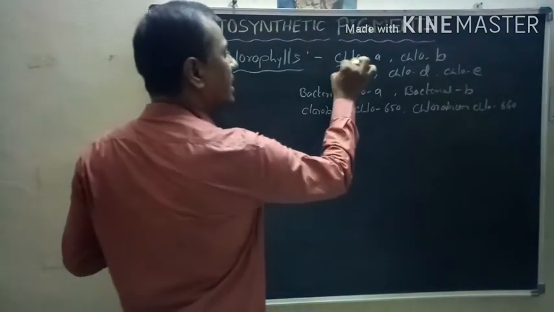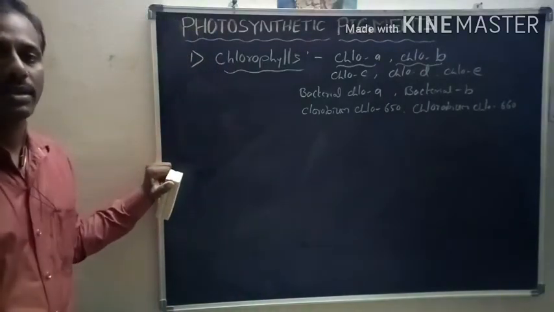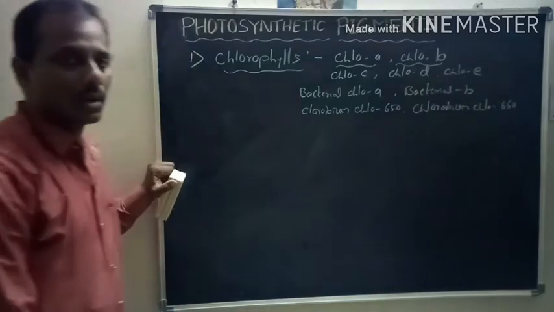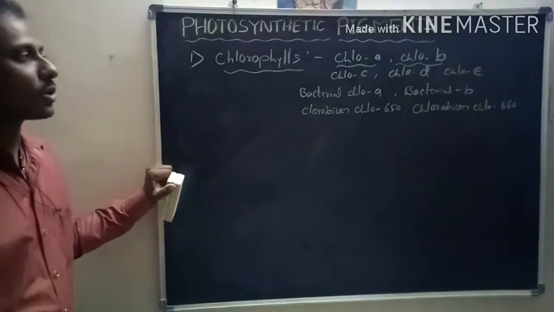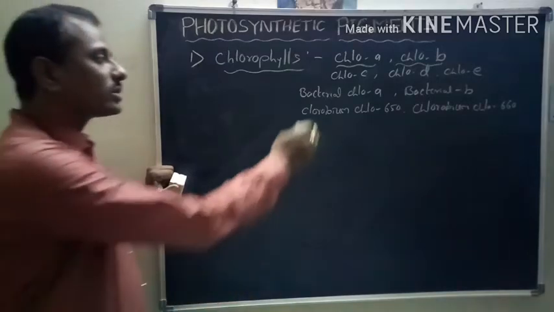But in higher plants, only two types of chlorophylls are present, that is chlorophyll A and chlorophyll B. What about the remaining?